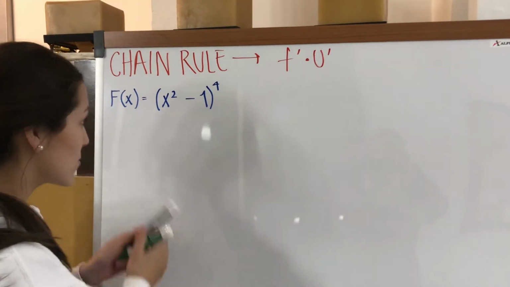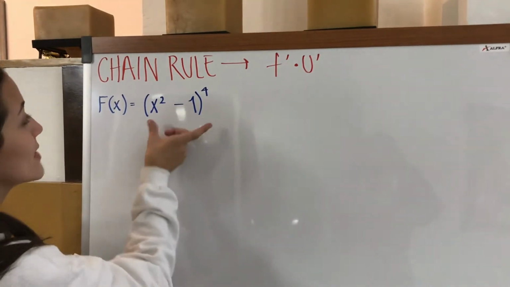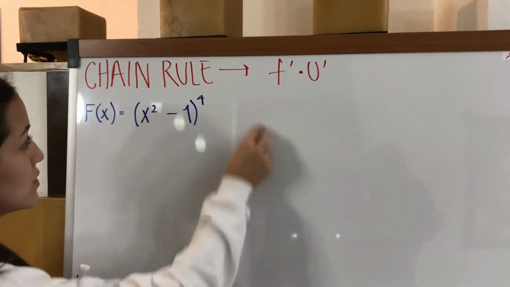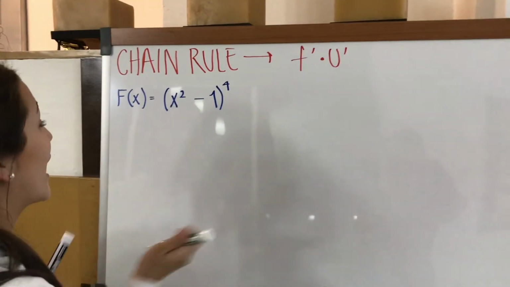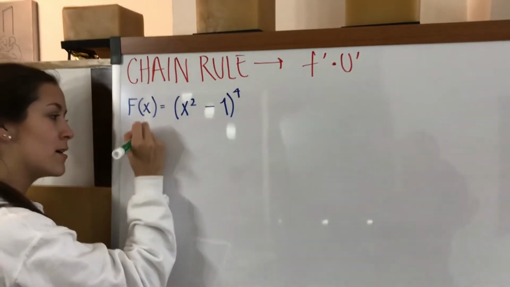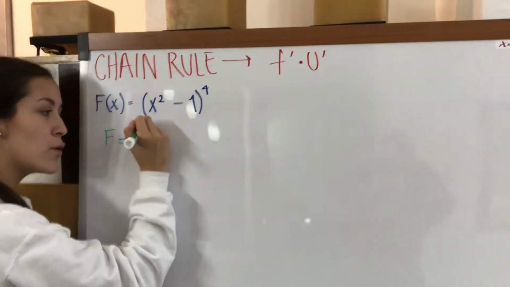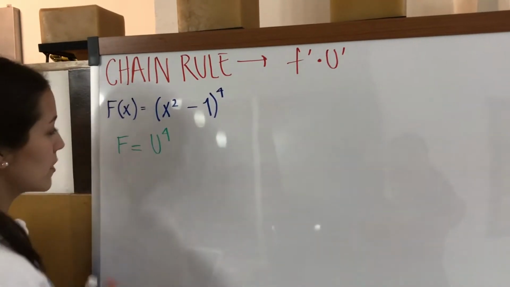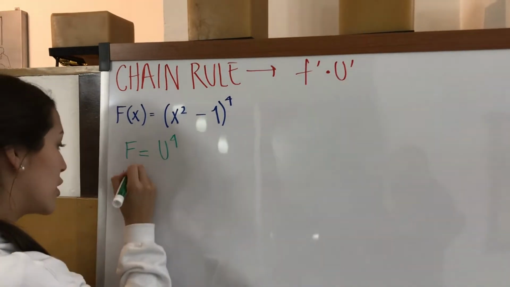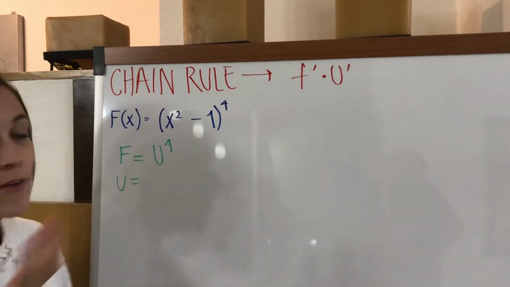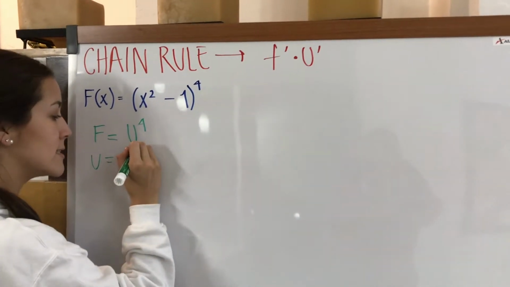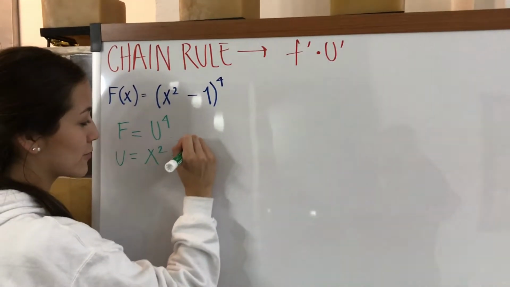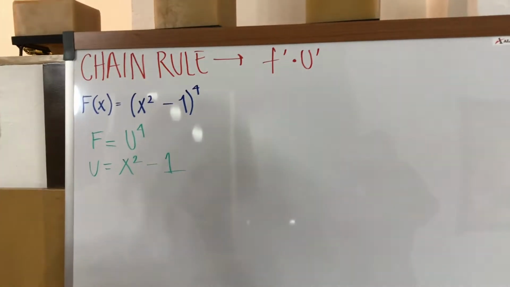In this case, we have a function to the fourth, so our f will be u to the fourth, and our u will be the function that is inside the f, in this case x squared minus 1.